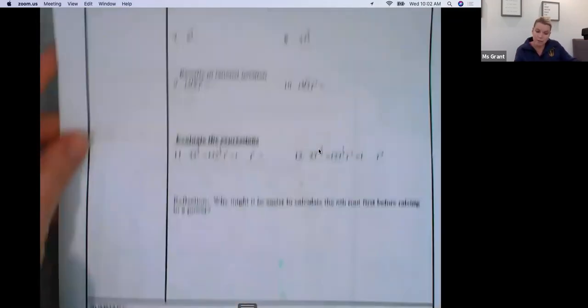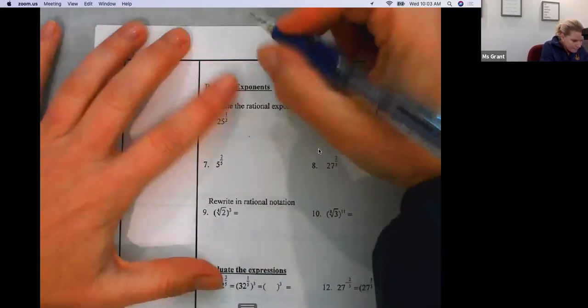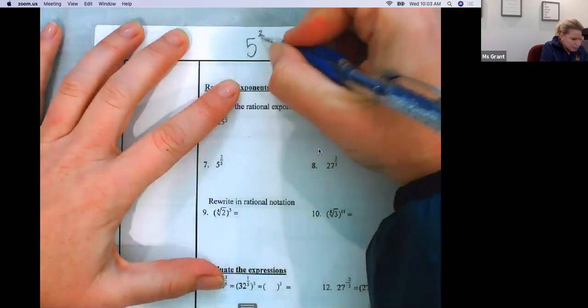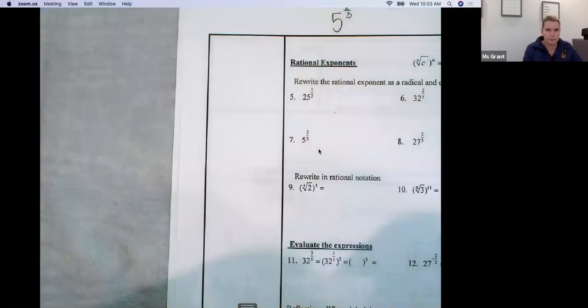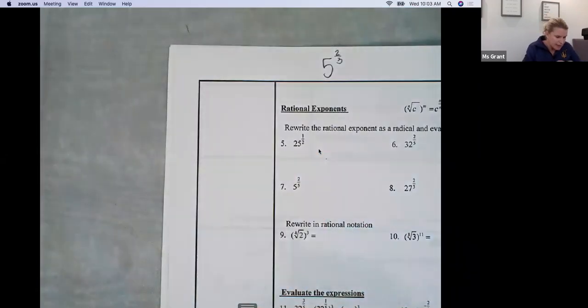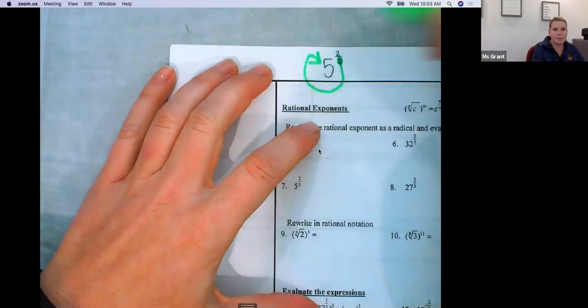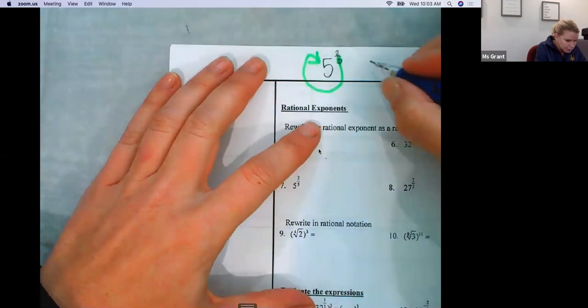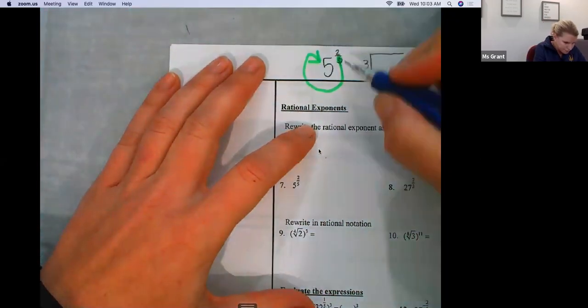All right, I'm starting to talk about fractions now. They're called rational exponents. And it's going to be something like 5 to the 2/3. The denominator goes down and becomes the root.